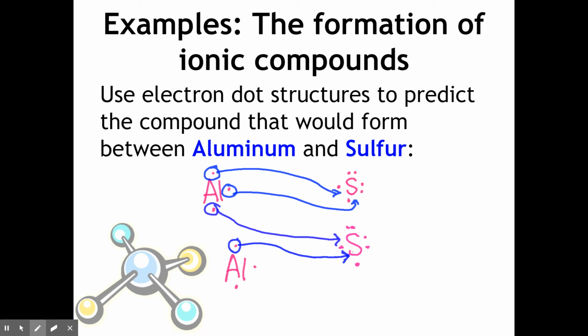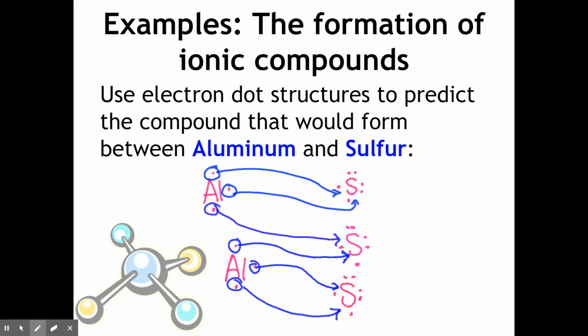But now aluminum isn't happy, and it has 2 more electrons that are valence electrons, so it wants to have another sulfur involved. So we draw yet another sulfur. And then aluminum gives these last 2 electrons to this third sulfur.